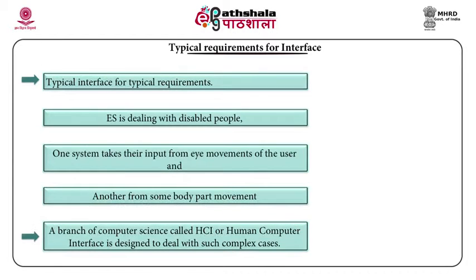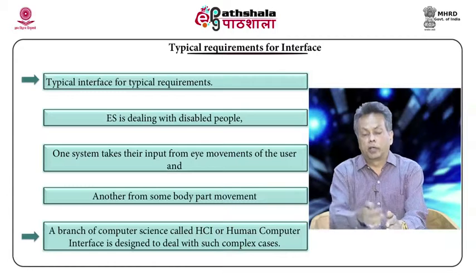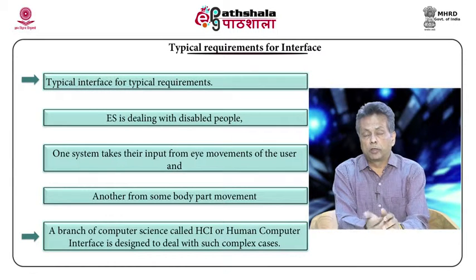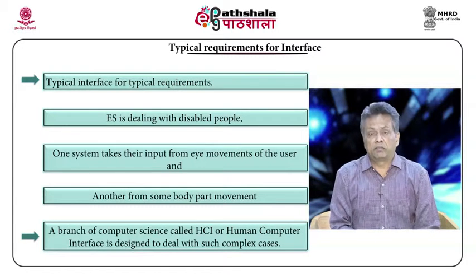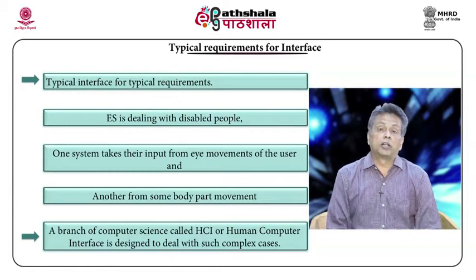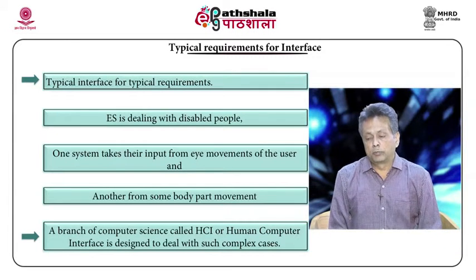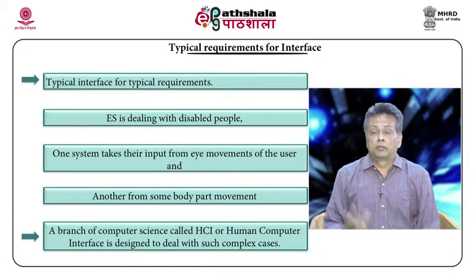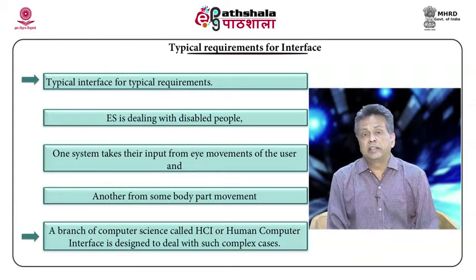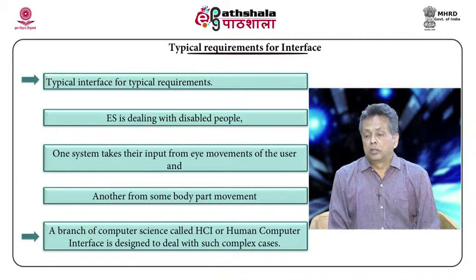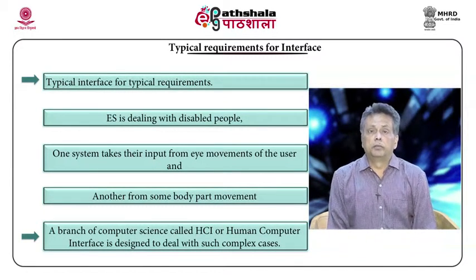For example, typical interfaces require typical requirements. There is something called HCI, human computer interface, if you have read about it. There is a branch in computer science which talks about how humans interact with computers. There are some cases where computers are managed by the movement of eyes, for people who are disabled, who cannot move their limbs.